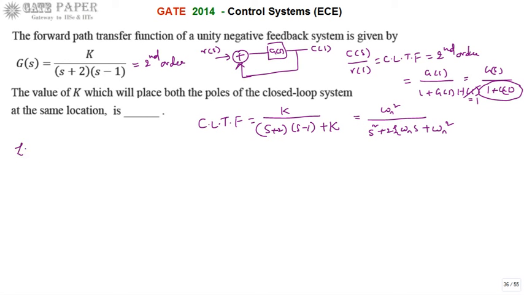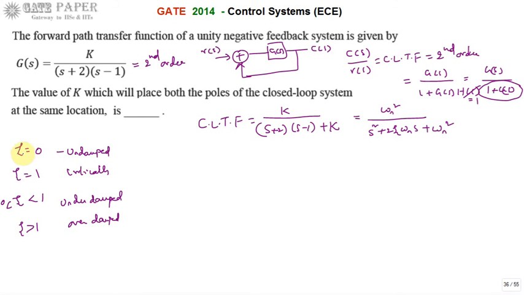If zeta is equal to 0, it is called an undamped system. Zeta equal to 1 is a critically damped system. If zeta is between 0 and 1, it is an underdamped system. And if zeta is greater than 1, it is an overdamped system.